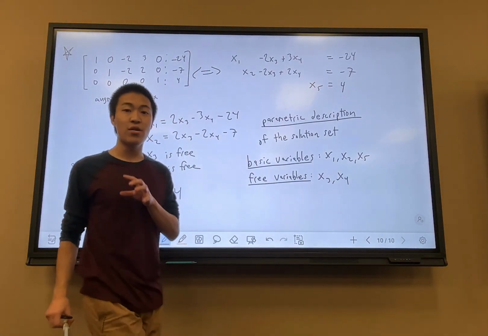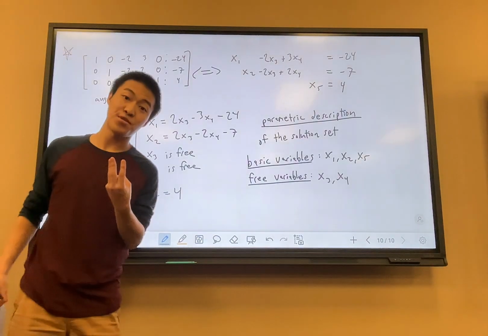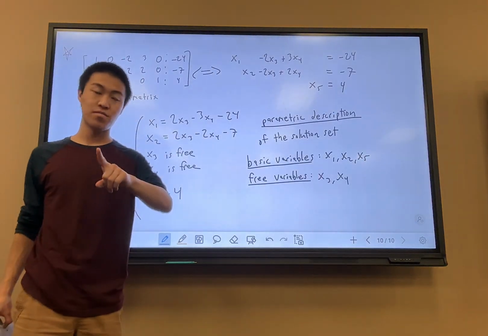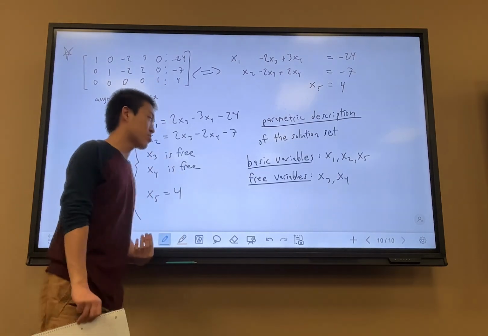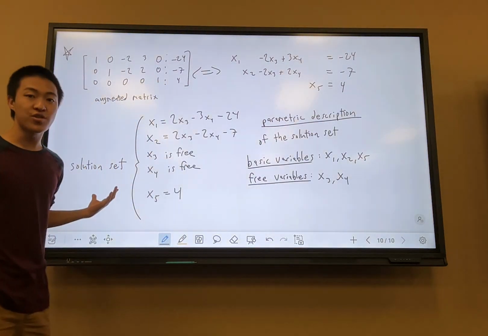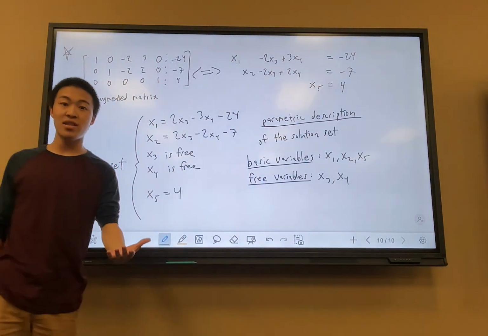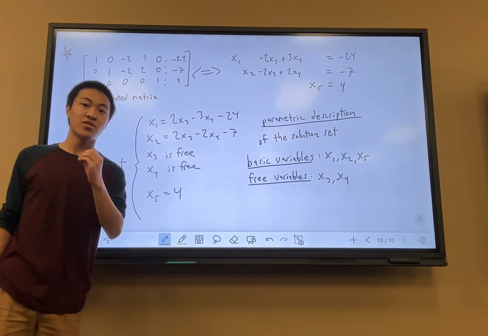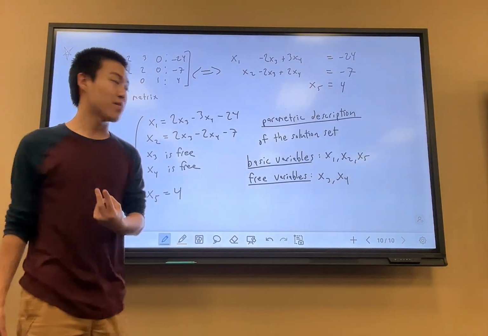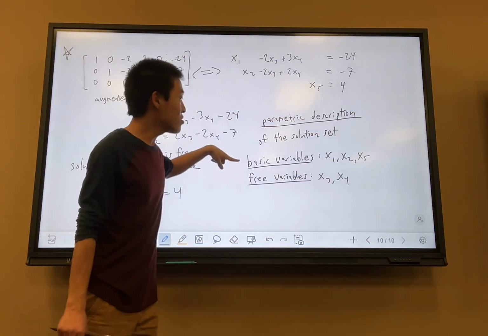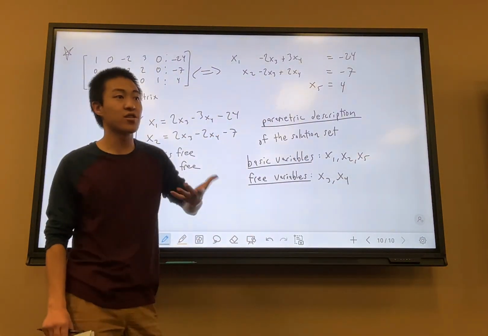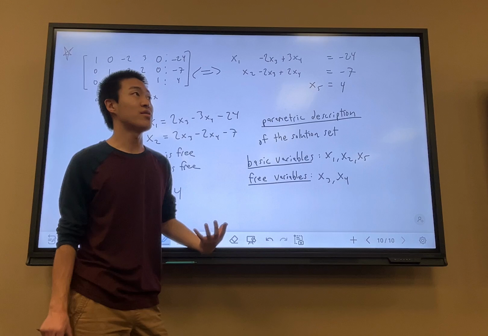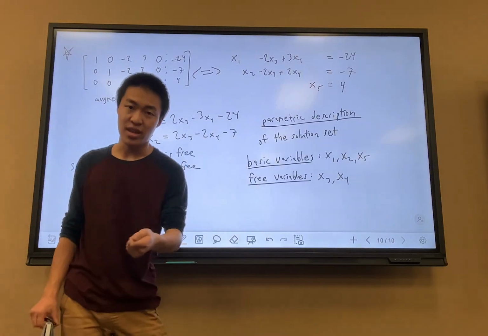Now, intuitively, if you have free variables, then there's more than one solution. And like we talked about in the lecture, you only have 3 options. You either have one solution, infinitely many solutions, or 0 solutions. Well, the moment we come up with a solution set, we've eliminated the 0 solution possibility. So that leaves us with either one solution or infinitely many. If we have only basic variables, that means there's no degree of freedom, and logically that means it's unique.